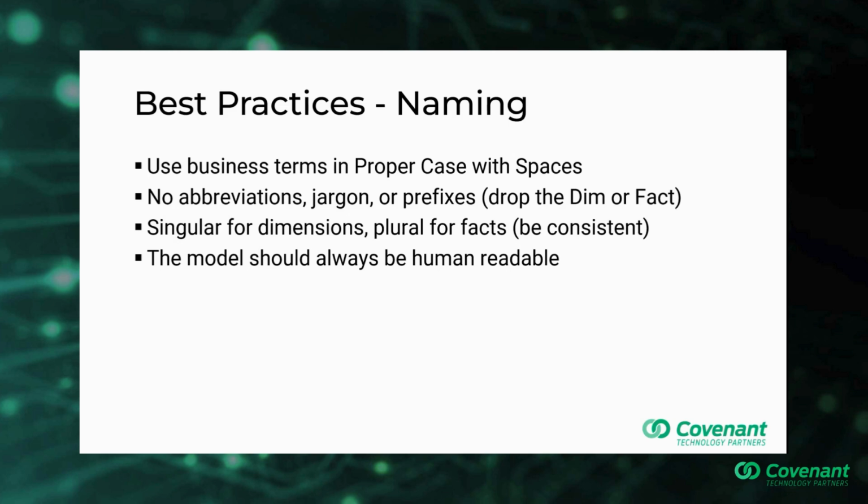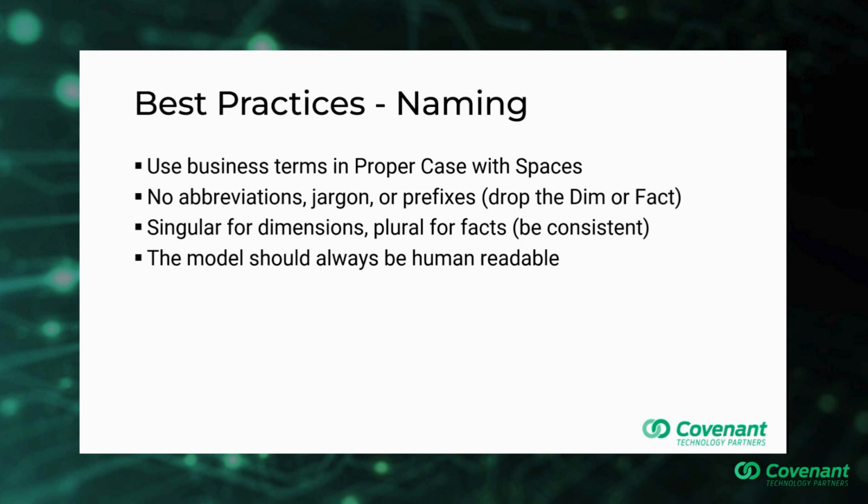So instead of total underscore sales, it's just going to be total space sales. When we're talking about this, we are somewhat removed from the source, because we're talking about a semantic layer right before your users interact with this. This is where we want to apply these business terms, properly cased, properly spaced, and human readable.